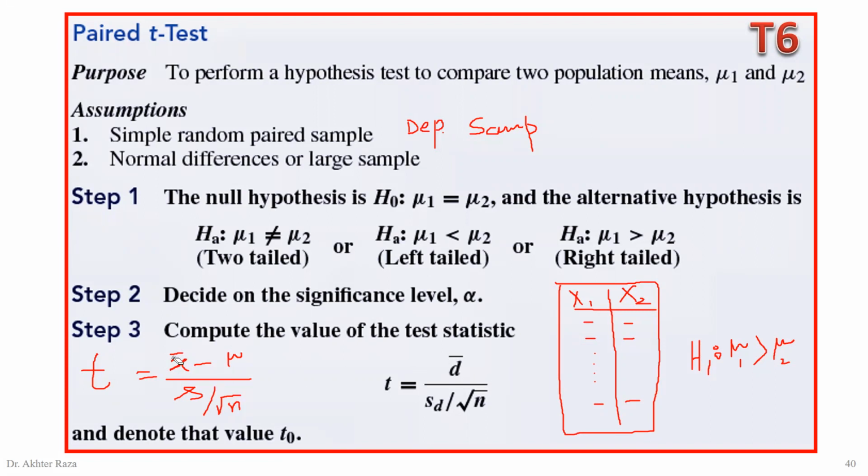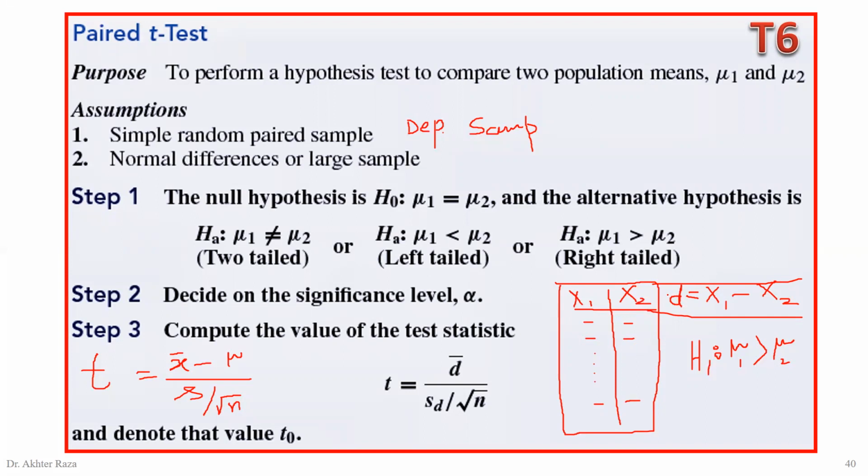The mean is not there. Instead of X bar, I have D bar. What is D bar? D bar is the mean of the differences between the two samples. Suppose these are the two samples, and D can be computed by just X1 minus X2. So instead of checking the data of X1 and X2, both columns, we will check only one column.